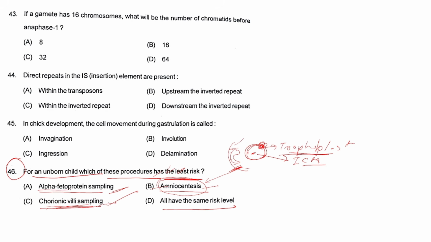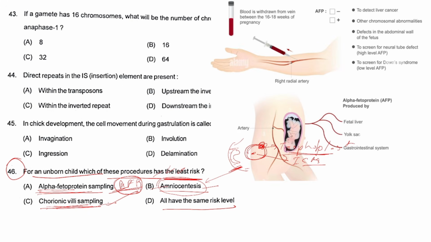And third, the first option, which is your alpha fetoprotein, I'm telling you what happens when a female is pregnant. There is a protein which is called alpha fetoprotein, or in short AFP, that is secreted from the liver of the pregnant female. This level of alpha fetoprotein increases during the pregnancy, and it is present in the female blood itself. So without affecting anything in the womb, we are directly taking a blood sample from the mother's body and examining the AFP content.